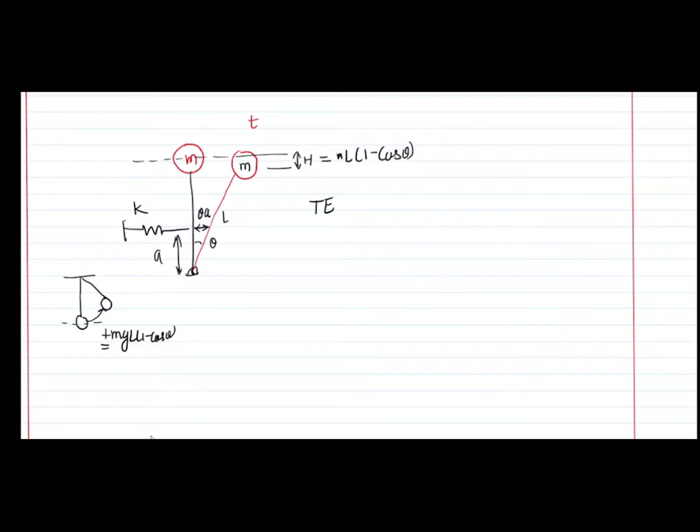So the expression for the total energy will become what? 1 upon 2 m v square, and v is the tangential velocity, that can be written as omega r, or I can write it as theta dot into l, because l is the length of the string, plus 1 by 2 k x square. x is the change in length of the spring, plus that will be minus mgl (1 minus cos theta).